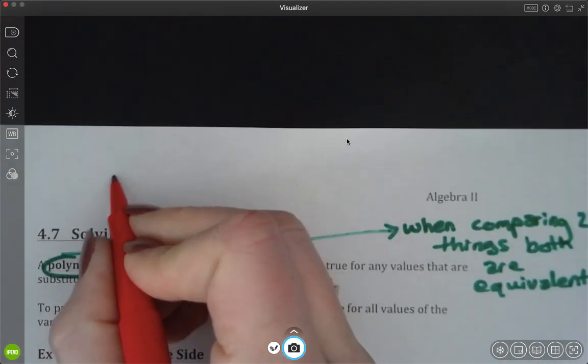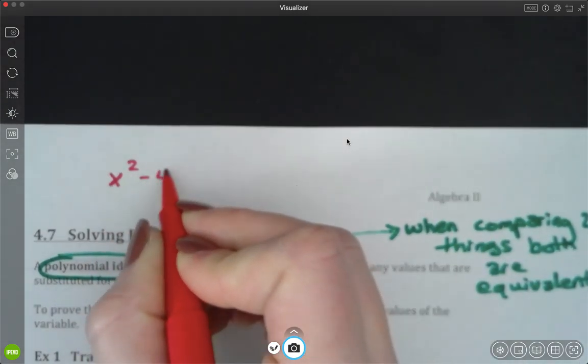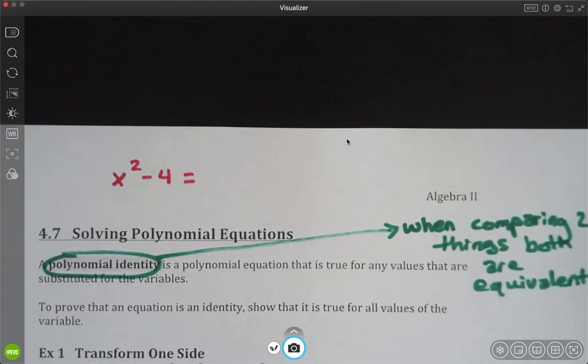Let's say I have x squared minus 4. X squared minus 4 is a special guy. Let's say I would go to break him down. What is x squared minus 4? He's not a simple trinomial.